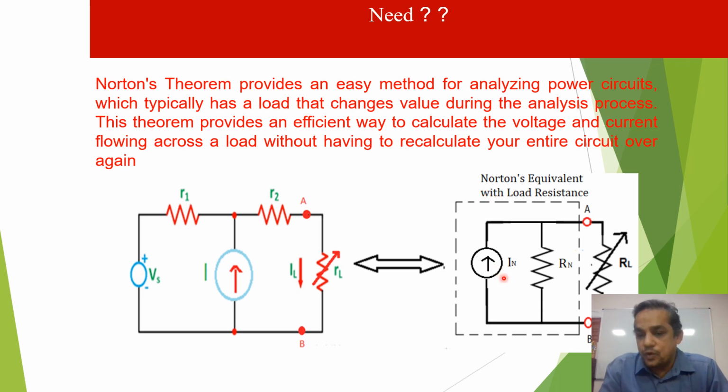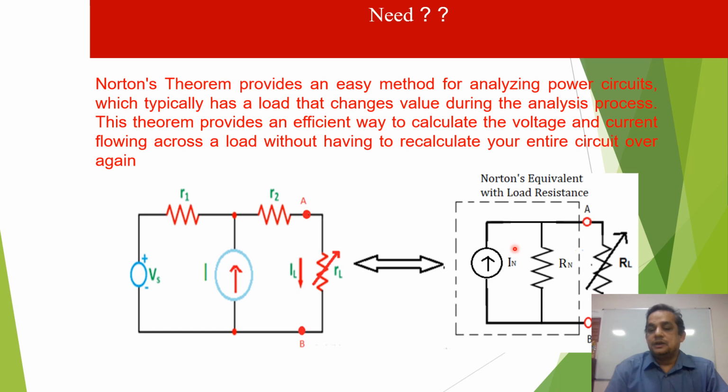There is one current source and one Norton resistance. This circuit is converted into one equivalent, the Norton equivalent, with one current source in parallel with one resistance, which is the Norton resistance. Now after that we reconnect the load resistance and find the value for any value of RL. It is a very easy method to calculate the current flowing in RL.